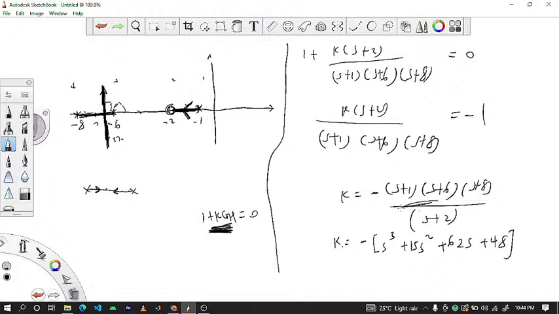First multiply two factors to get a quadratic, and then multiply by the third one. So what are we doing? We are making K the subject of the equation 1 plus KGH equal to 0. All right. After you get your K, let me clean this for now.